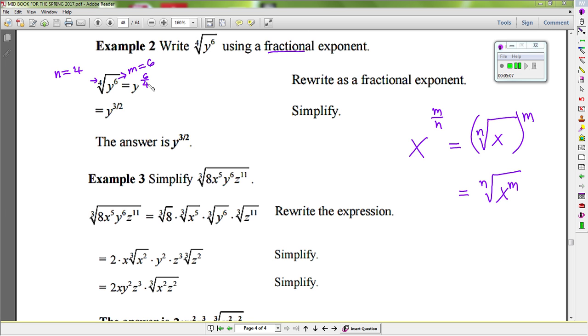Now 6 over 4, these two numbers both have 2 as a common factor, so we go ahead and divide them by 2. So 6 divided by 2 is 3, and 4 divided by 2 is 2, so we can write it as y to the power 3 over 2. So the answer will be y to the power 3 over 2.